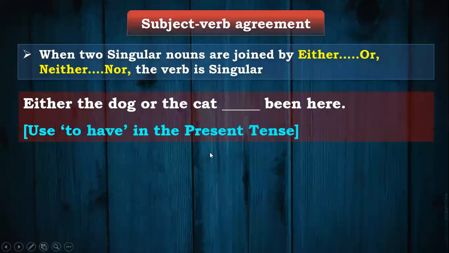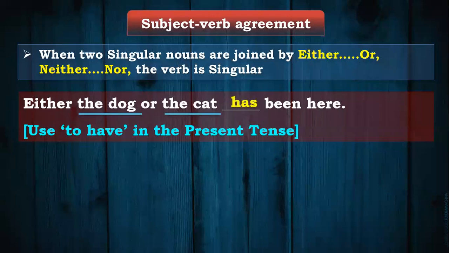In a similar way, here we are going to use the same technique. Either the dog or the cat, dash being here, have or has. Exactly, it is going to be has because singular verb.